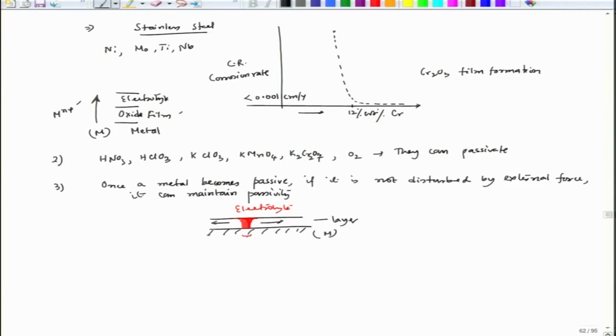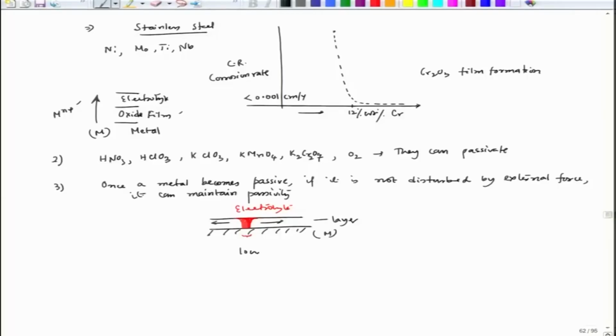So, the small segment will be a small anode, and the entire region is cathode, because the entire region has oxides. So, oxides can be cathodic to the metal. Now we have a tricky situation: a small anodic area, and around this zone you have a large cathode.